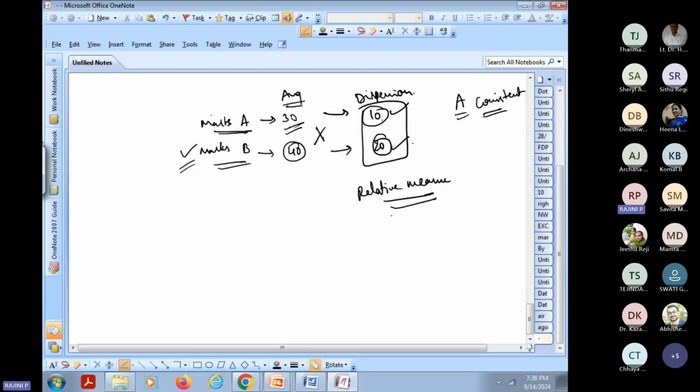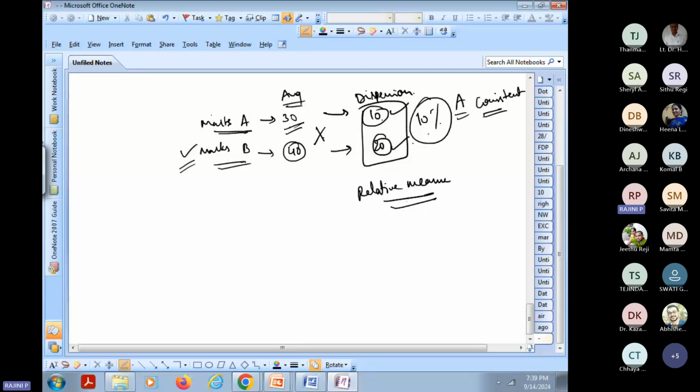Clear? Relative measures are such that only based on the absolute dispersion we cannot say. You need to say what is the percentage of the variation in section A and section B. Then we go for relative measures.